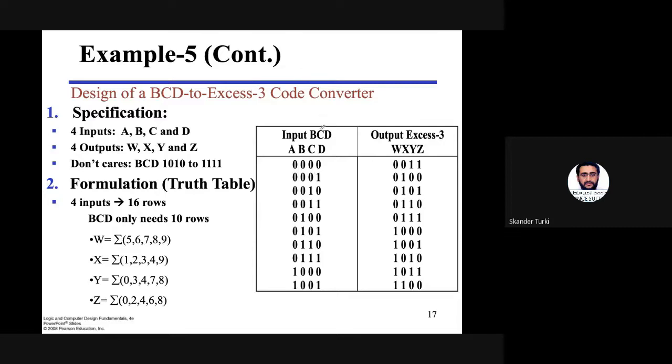Like here in BCD, it's only an encoding from 0 to 9, and we don't care about the other codes; they are forbidden, they don't occur, so they are don't cares. In the specification here it says the BCD code is an encoding from 0 to 9.